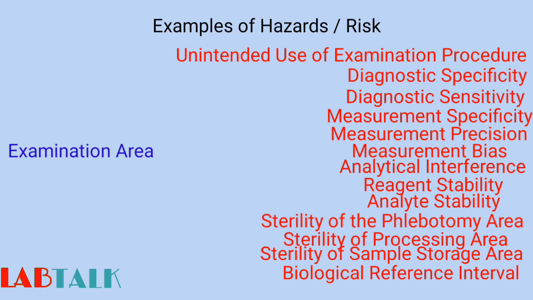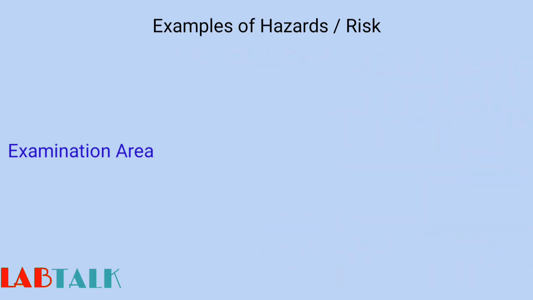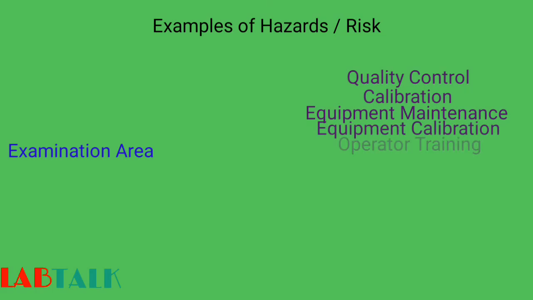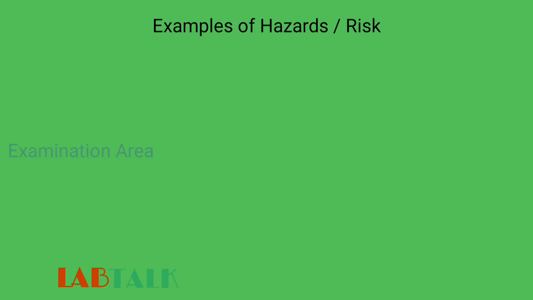So basically these are the test-specific performance characteristics of each test. Apart from characteristics of examination procedures, quality controls, calibrations, equipment maintenance, equipment calibrations, and operator training are other areas where risk analysis needs to be considered.